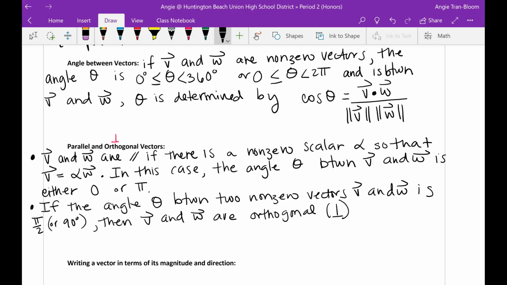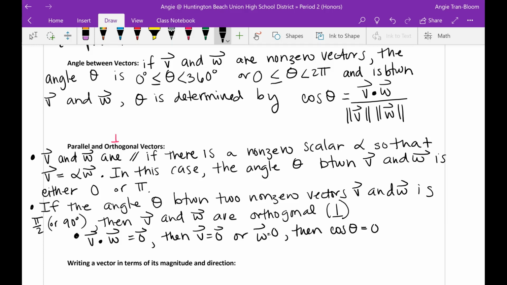Well, piggyback on that, if the dot product of v and w equals 0, well, the zero product property would say then either v has to be 0 or w has to be 0, right? That's the only way that when you multiply two numbers it equals 0, one of them has to be 0. Then, if that's the case, cosine of the angle between these two has to be 0.